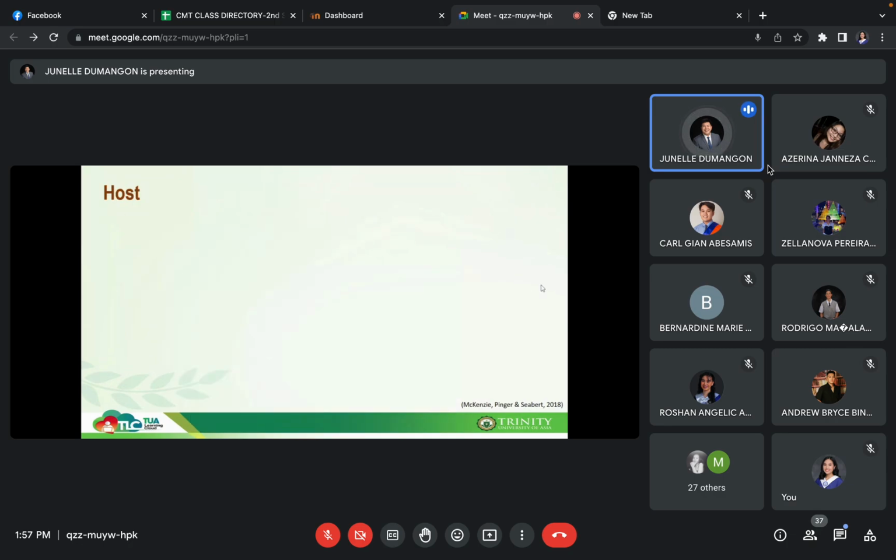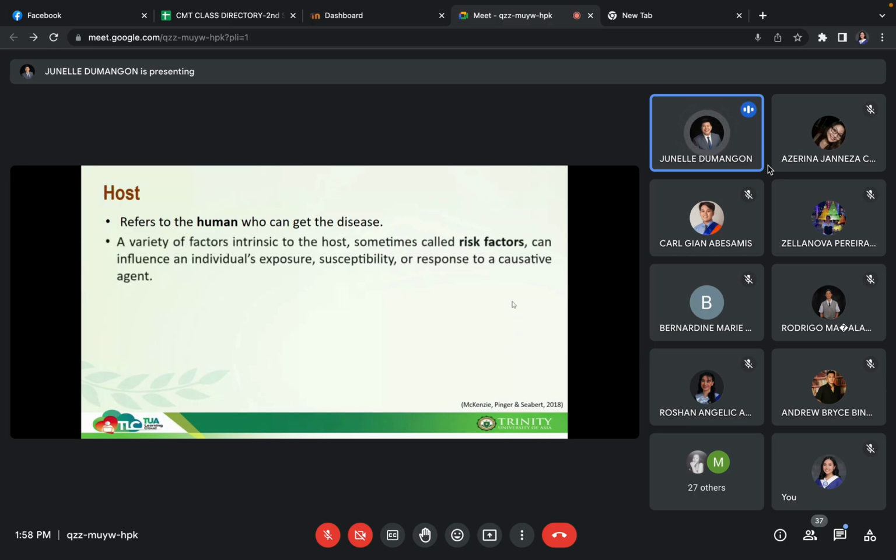Let's define some terms first. Host. The host is usually the human who gets the disease. Okay? So whoever gets the disease, that is the host. So there are different factors that are intrinsic. Ibig sabihin ng intrinsic, natural sa host. No?